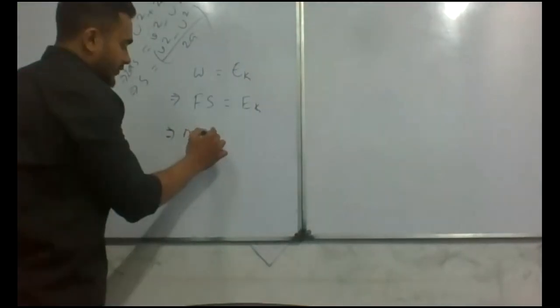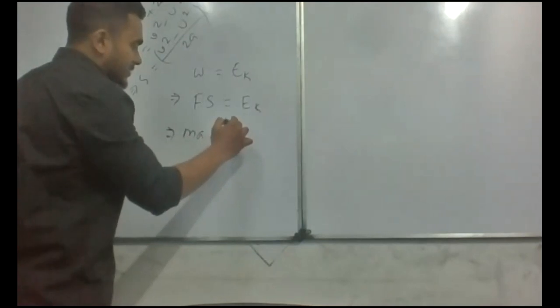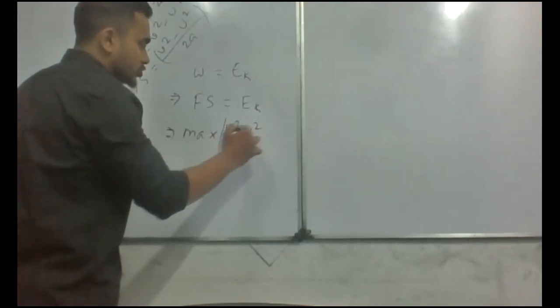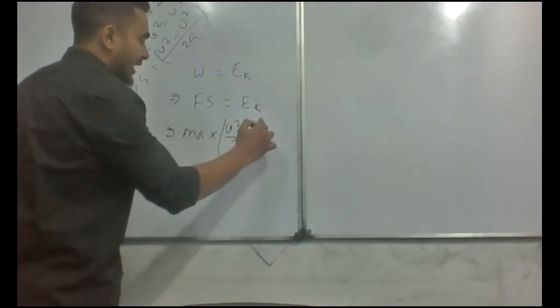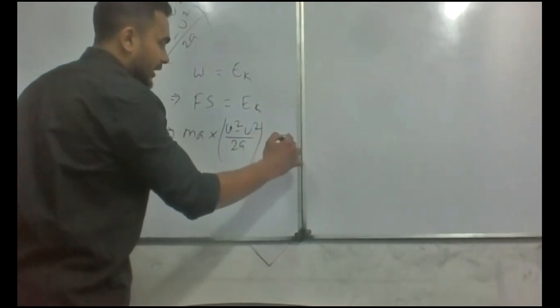জি স্যার। আমরা যদি রিপ্লেস করি as v square minus u square divided by 2a, that's equals to the kinetic energy.